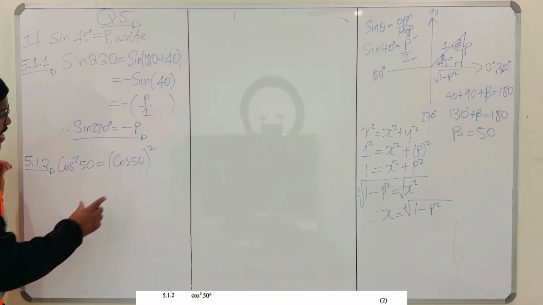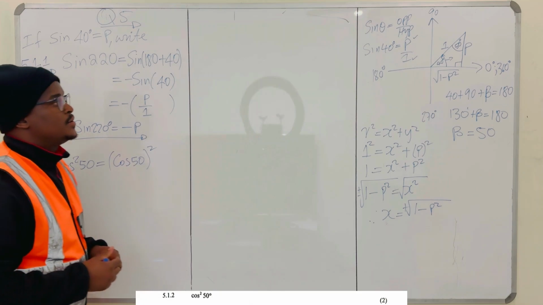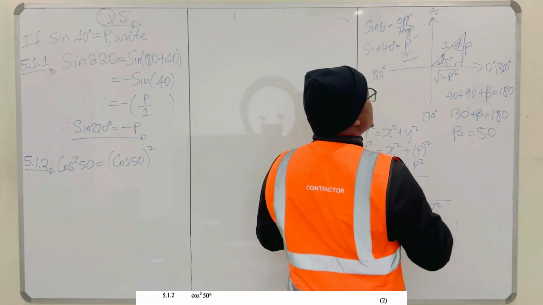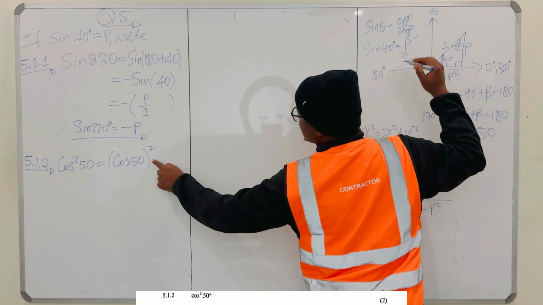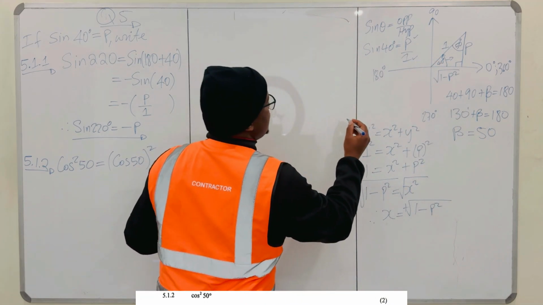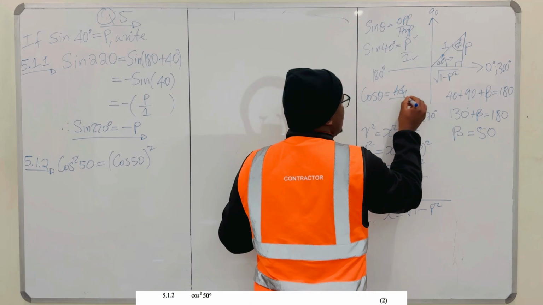Now what we need to do is find this cos 50 degrees. Here is 50 degrees. Your cos of 50 degrees is the adjacent side, because you know that cos theta is equal to the adjacent side over the hypotenuse.